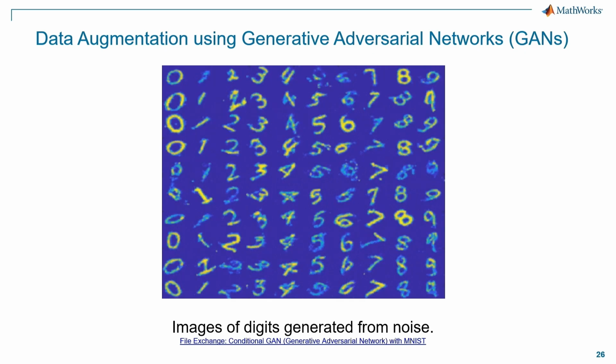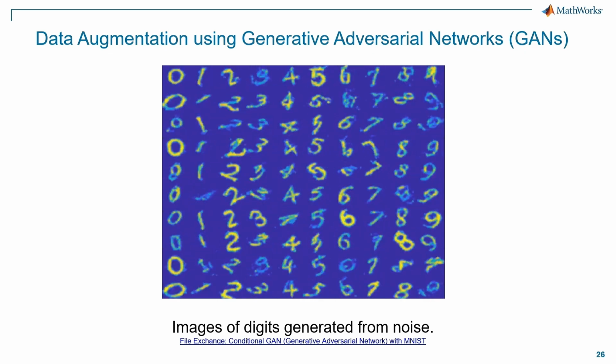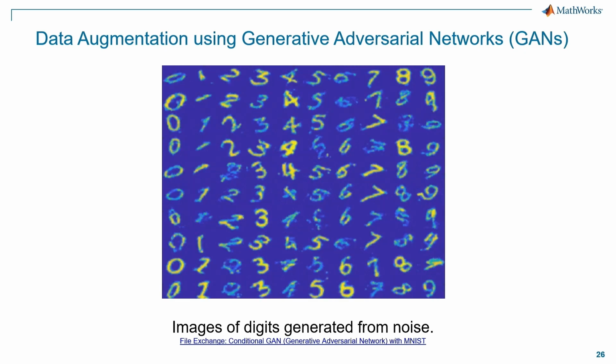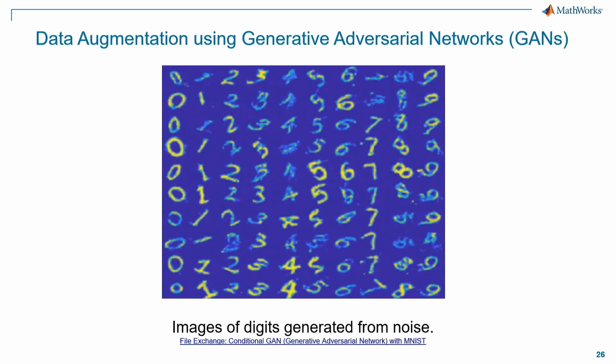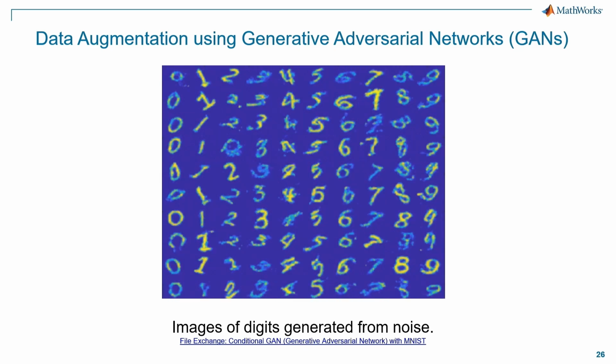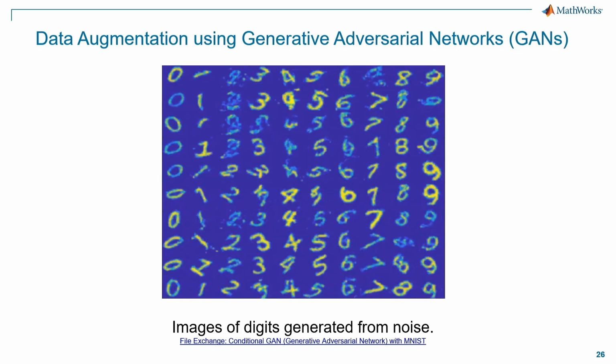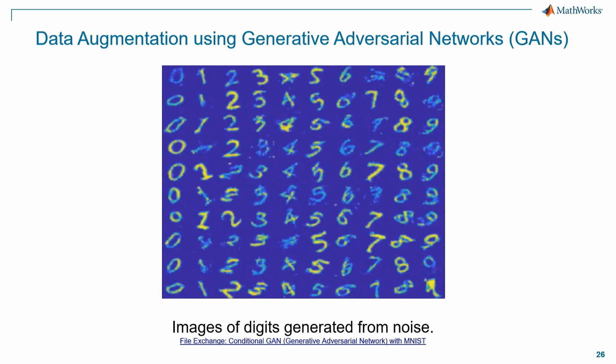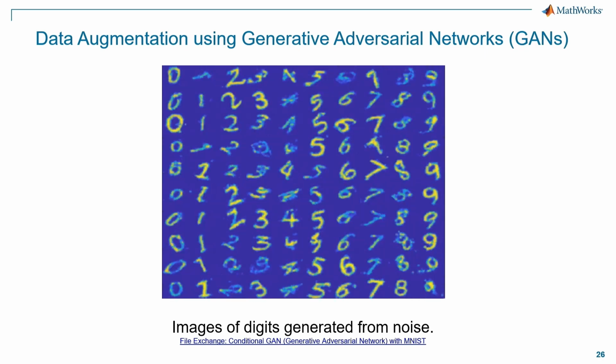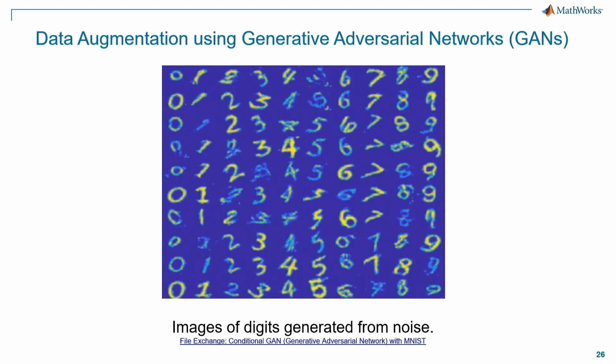What you see is a video showing how these GANs are creating new images of digits from random noise. From the random noise, I asked them to create digits from 0 to 9. That's the result you can see. This is basically using deep learning to improve your deep learning, right?